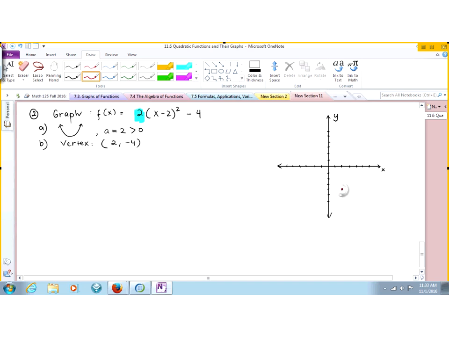Okay, so (2, negative 4) is right here. So once I have my vertex, I could start graphing. So, good. Now the next one is the axis of symmetry. How do I graph my axis of symmetry here?